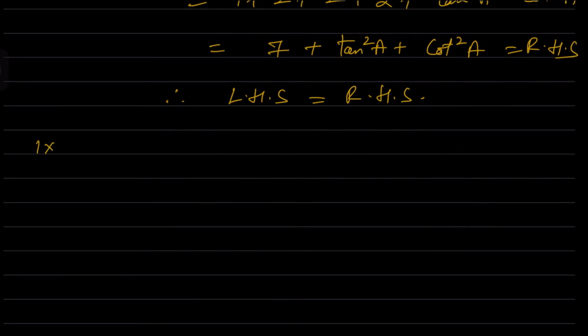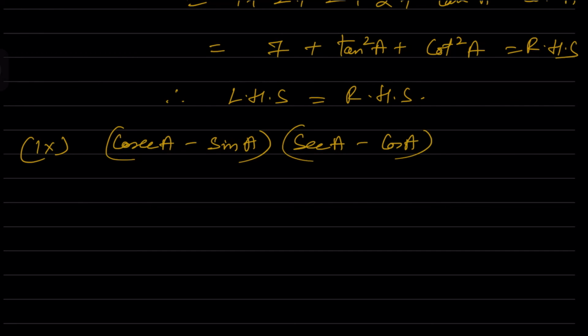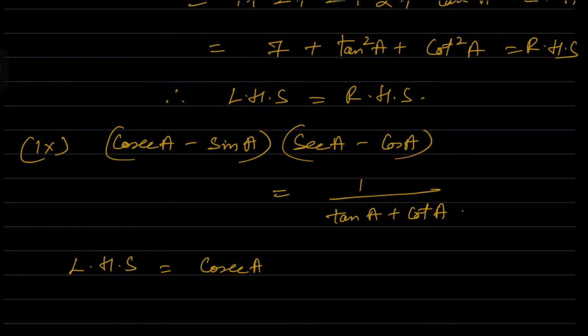Next, going into the 9th one, (cosecant A minus sin A) into (secant A minus cos A) is equal to 1 by (tan A plus cot A). So here you are having LHS is equal to (cosecant A minus sin A) into (secant A minus cos A).